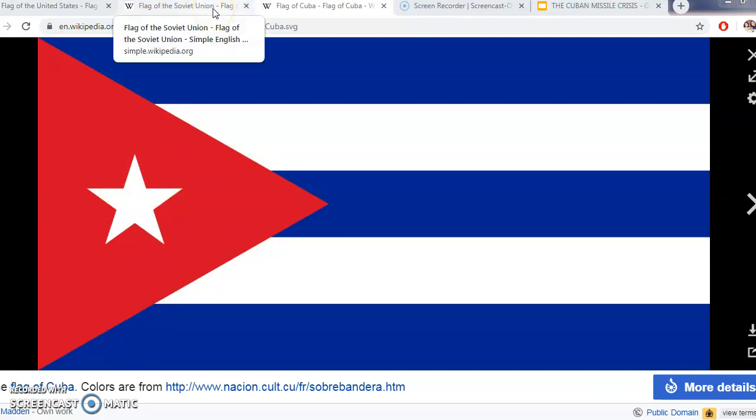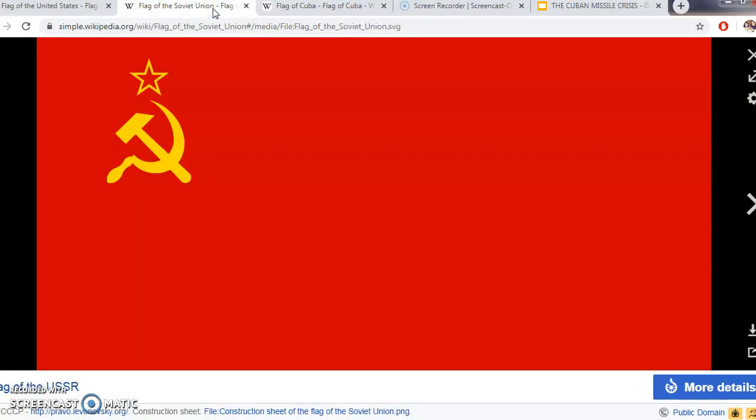And then next we have the Soviet Union flag. Now what is incredibly important is that you understand this little symbol. It's going to appear a lot. The hammer and the sickle especially. I think the star stands for Communist China, the hammer stands for industrial workers, and the sickle stands for agricultural workers.